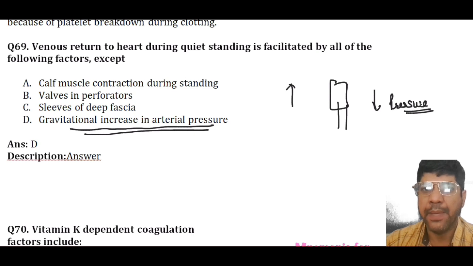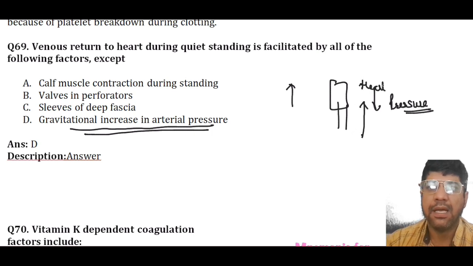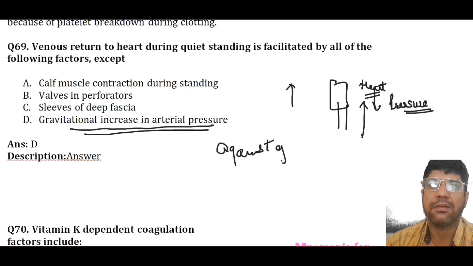It can make it more challenging for the blood to flow from the veins in the legs back to the heart, as the blood has to work against gravity. So the answer is D.